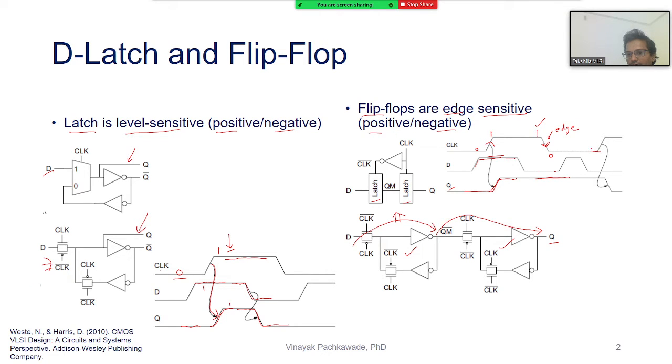Similarly here, look again, clock is making transition from 0 to 1. At that time, when it made the transition, D fell from 1 to 0. So the output which was previously 1 also falls from 1 to 0, logic 1 to logic 0, because that is how the triggering of master and slave is happening.